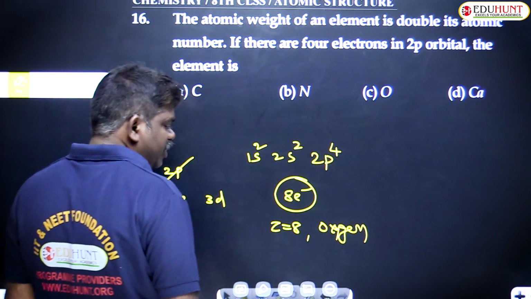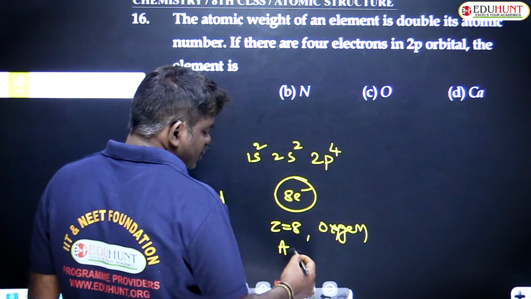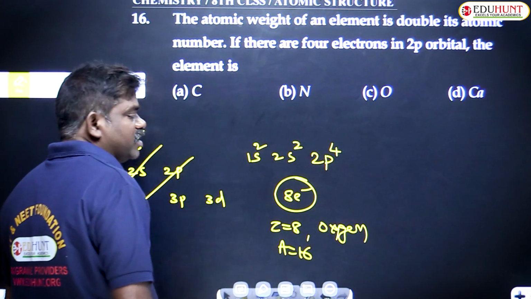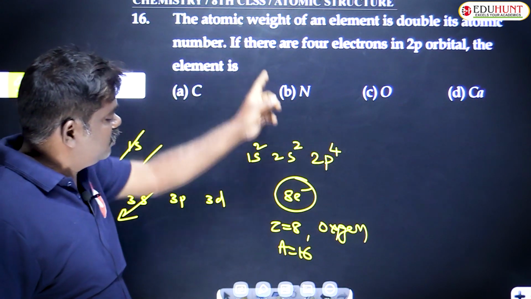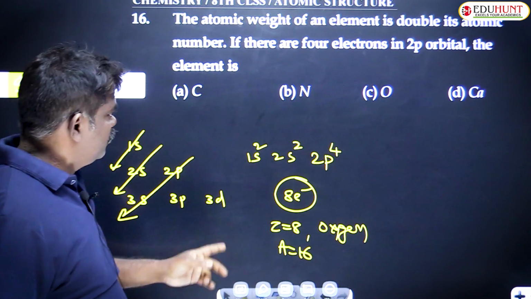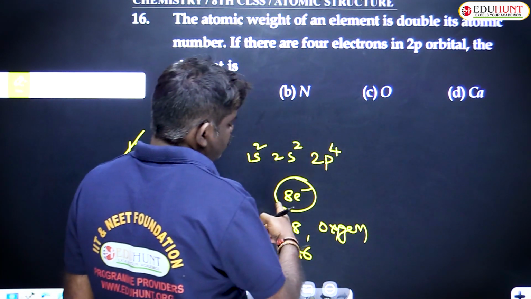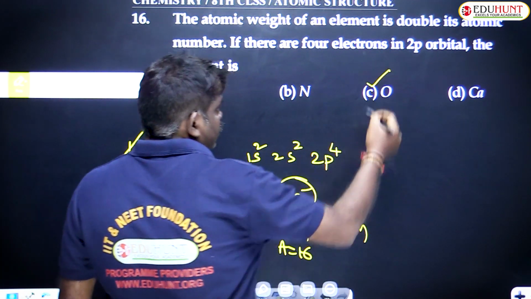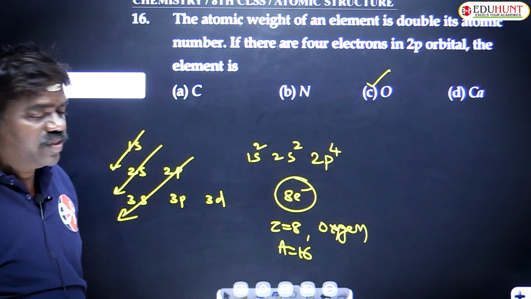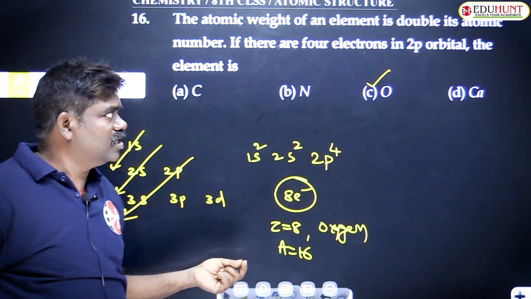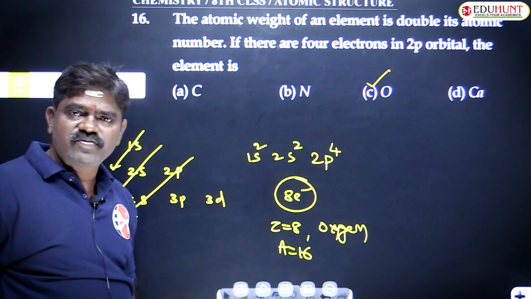The oxygen atomic number is 8 and mass number is 16, because exactly double. The atomic weight of oxygen is 16. The number of electrons present in oxygen is 8. So, answer 8.